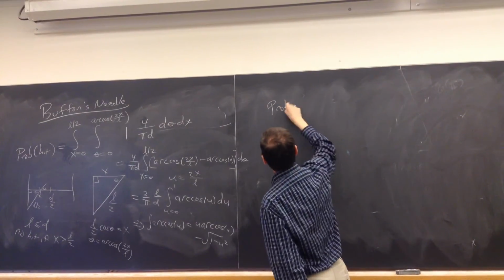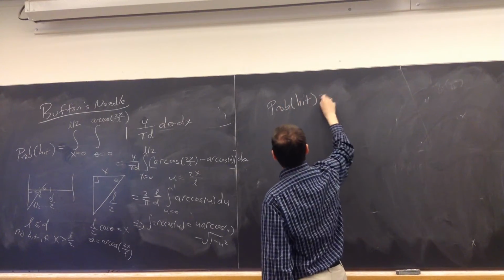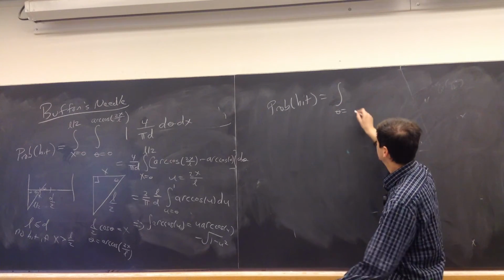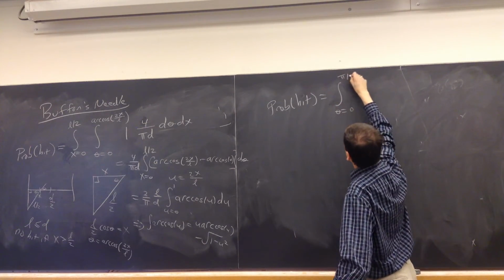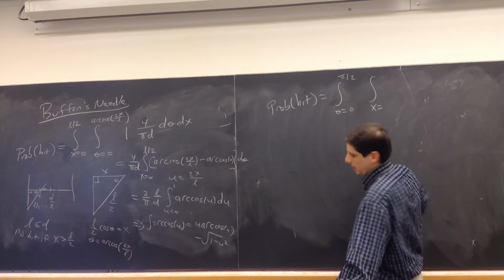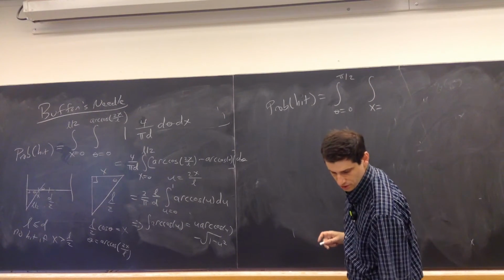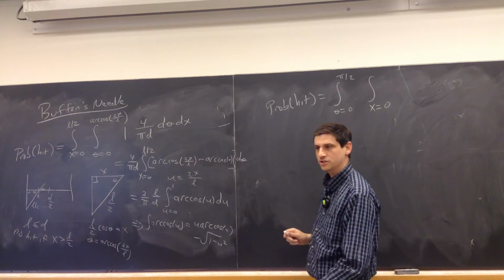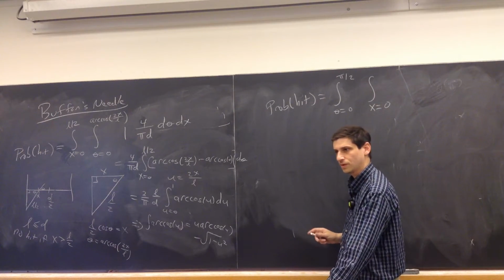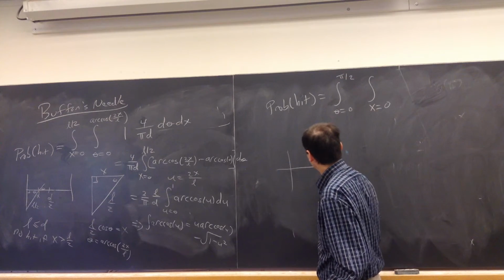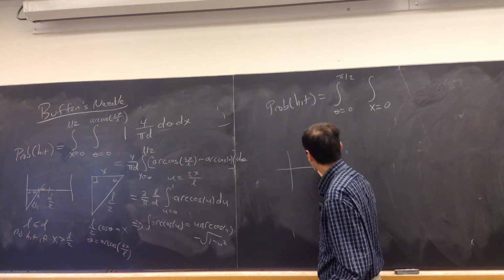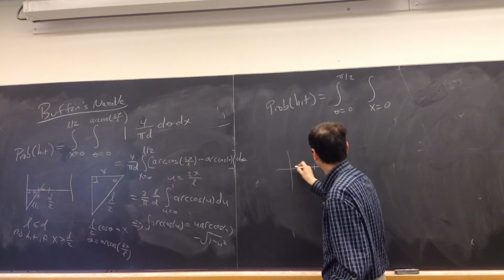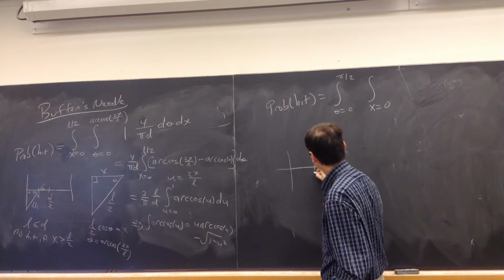The probability of a hit is going to be the integral theta goes from 0 to pi over 2, and then the integral x goes from 0 to, now we have to figure out what's the maximum x can go to. Well, if I have an angle, so here's d over 2. Here's my x.